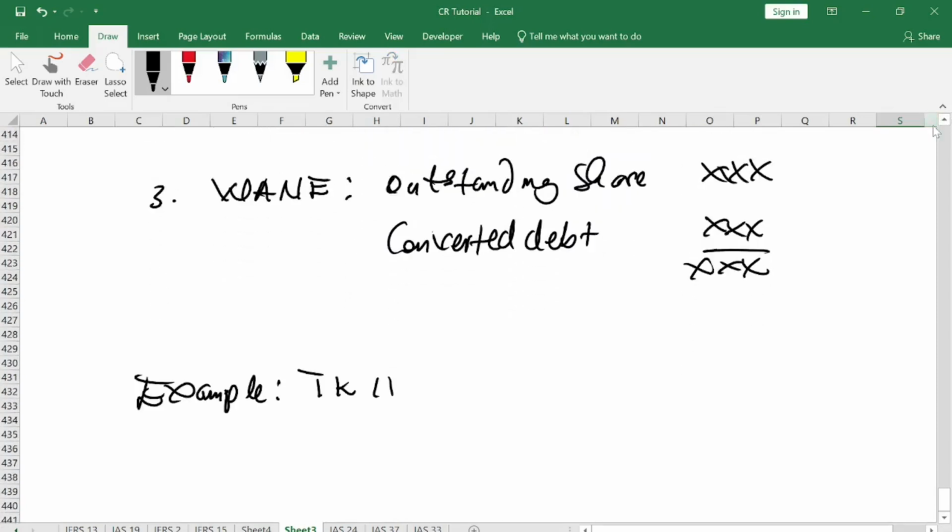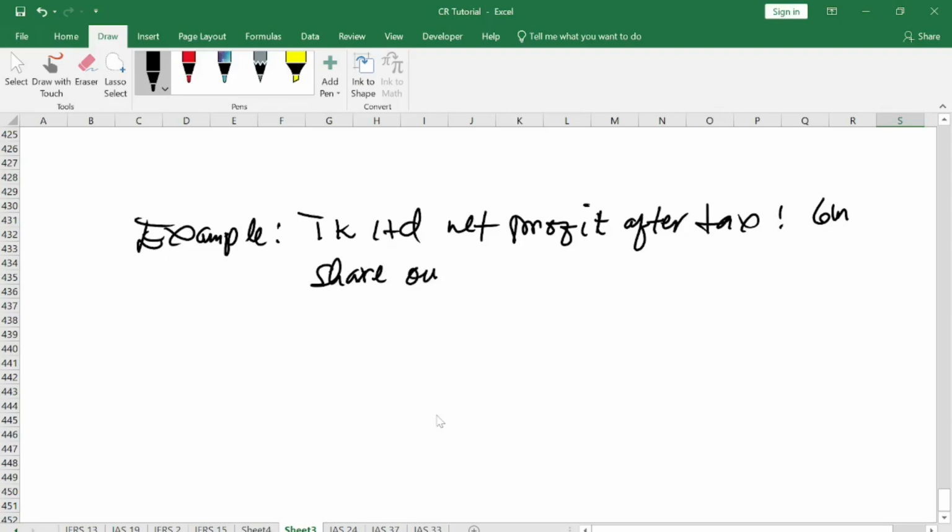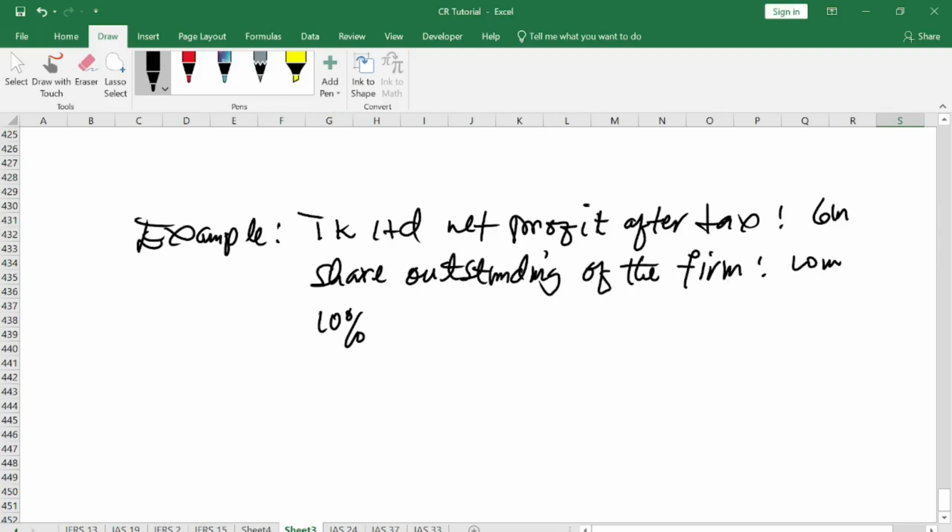DK Limited's net profit after tax is 6 million. Shares outstanding of the firm is 10 million. 10% debentures is 2 million.